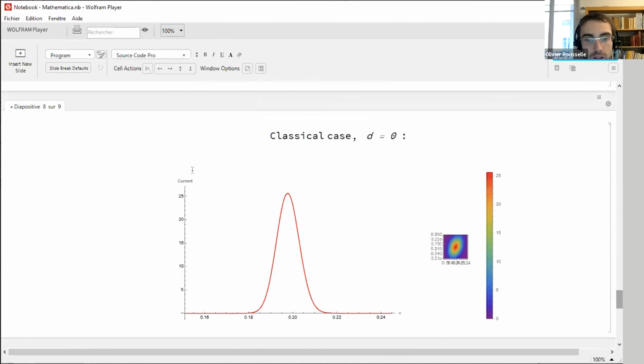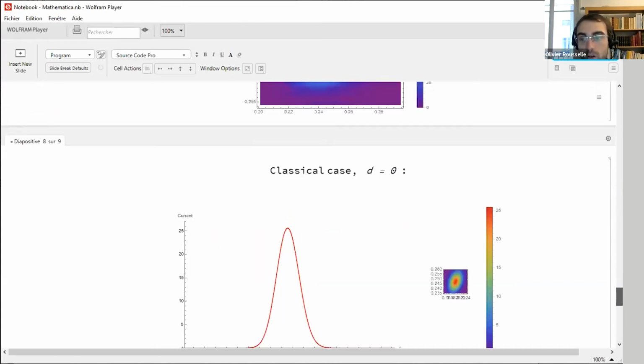Here on the left, you have a 1D view. You see a Gaussian figure of the current. And on the right, we have to zoom a bit, but we also get a Gaussian figure for the X and T axes. So this confirms our intuition.